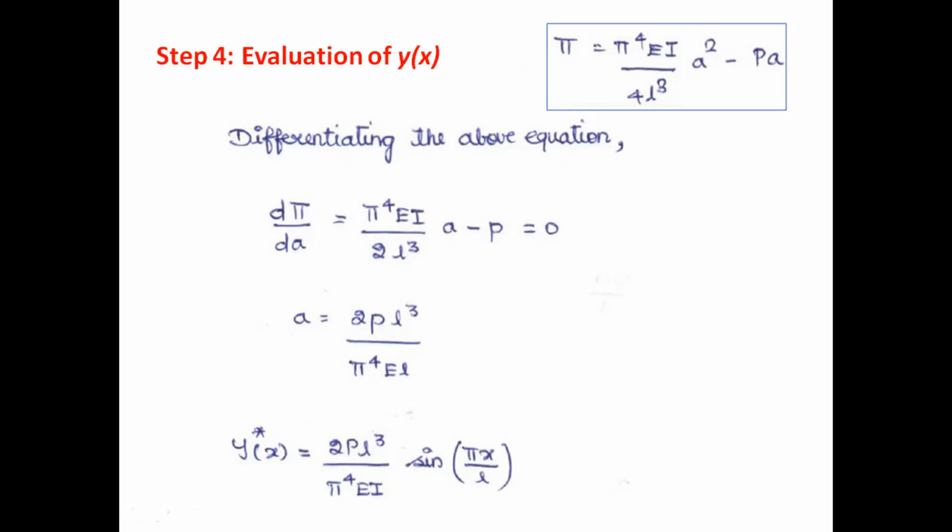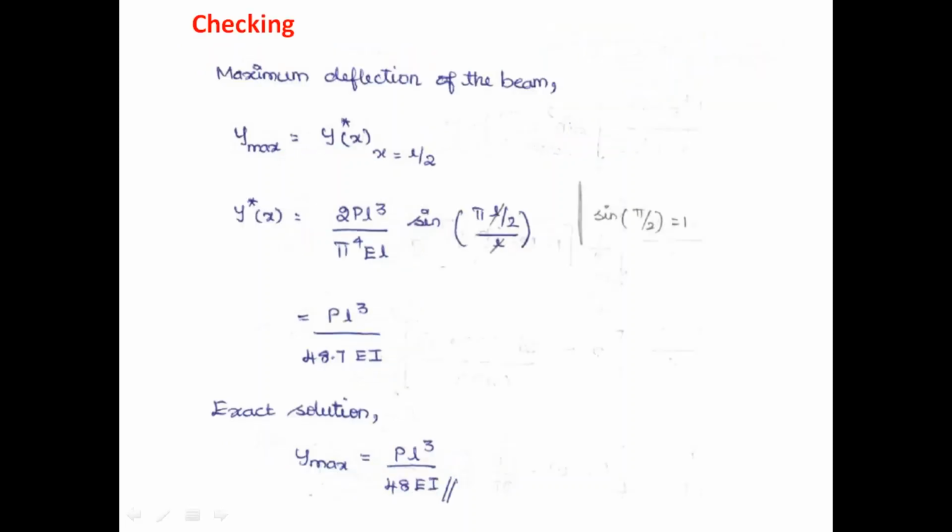So now we can check whether this solution is correct or not. For that we are going to use the maximum deflection of the beam. For a simply supported beam, we already know the maximum deflection occurs at x equal to L by 2, which is the center of the beam. So in y star of x, 2PL cube by pi power 4 EI sin pi x by L, when you substitute x equal to L by 2, you will get sin pi by 2, which becomes 1.